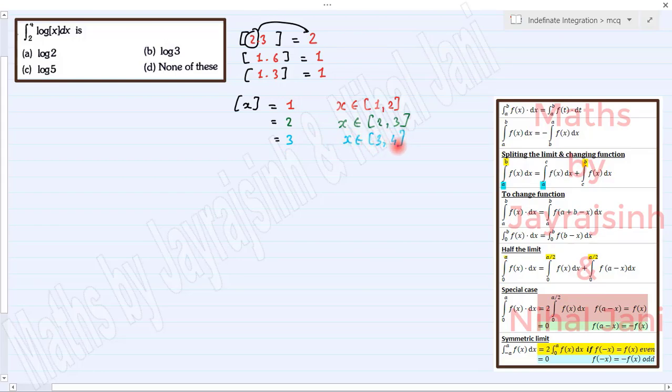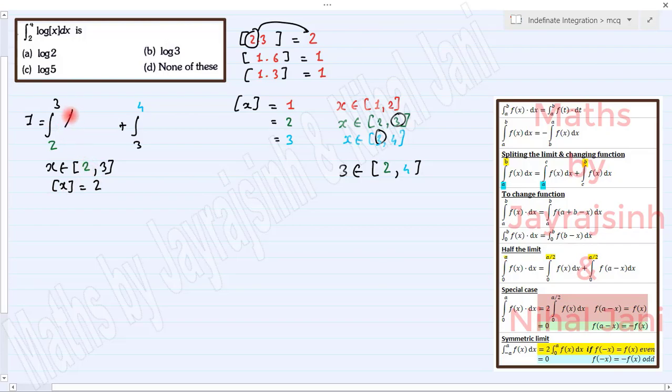So here our function will change at point 3, and 3 belongs to 2 to 4. So we can split our limit from 2 to 3 and from 3 to 4. For x belongs to 2 to 3, box x will be 2, so log box x will be log 2.